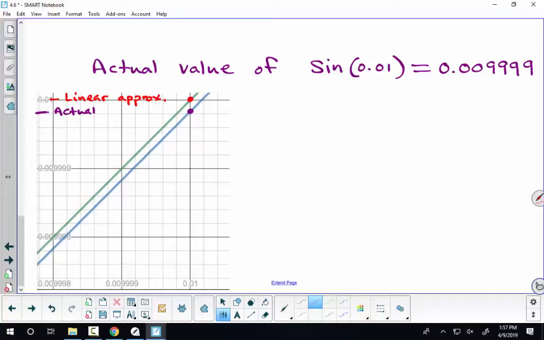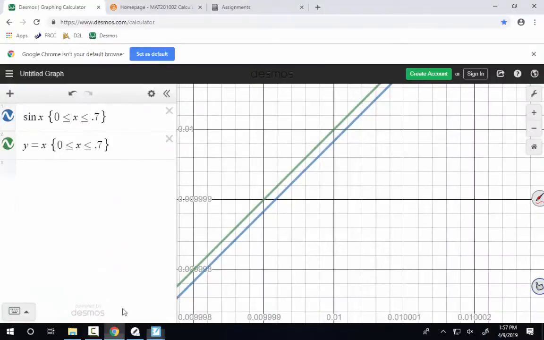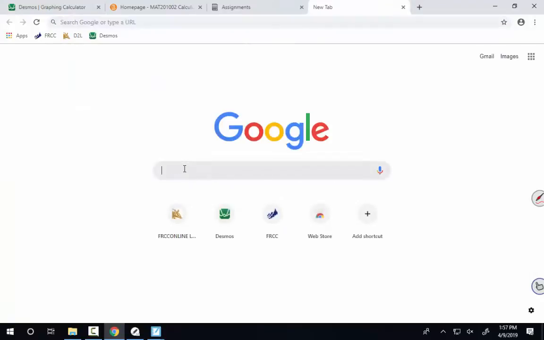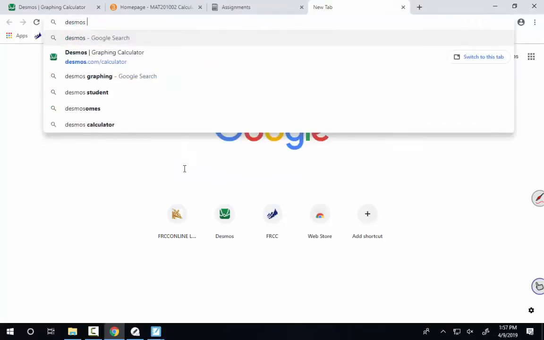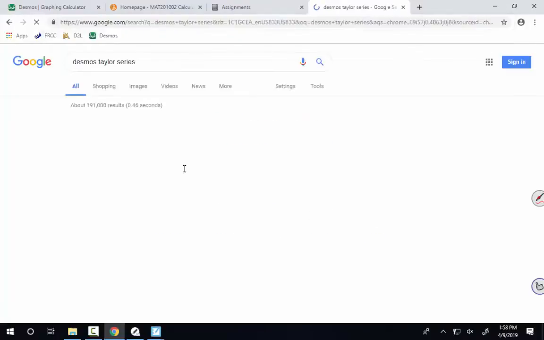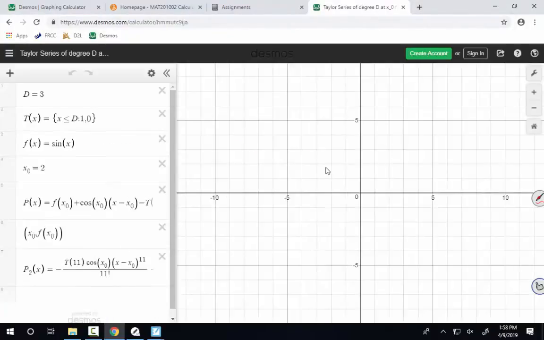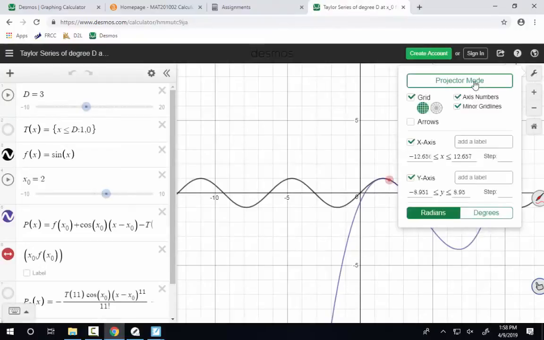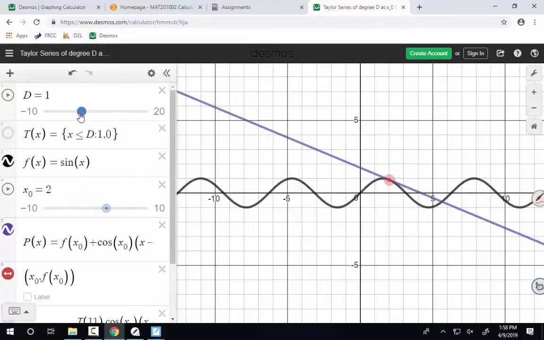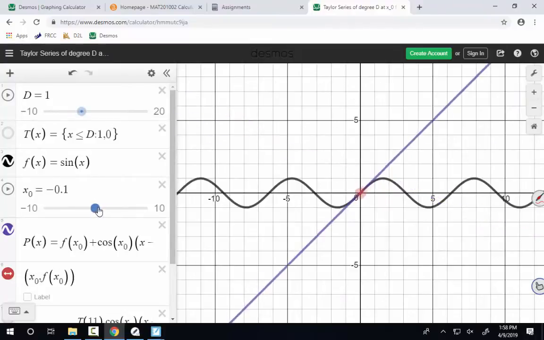But since we don't have time to start a new example, I want to show you what we were alluding to earlier with using the linear approximation, and then the quadratic and then the cubic, etc. I'm going to move it back to the origin.